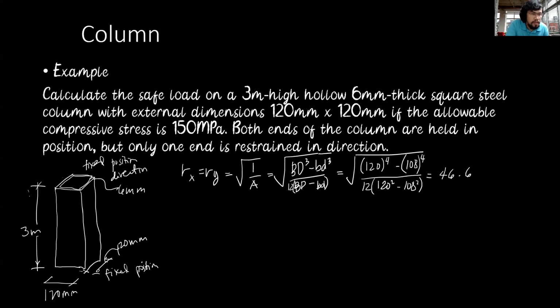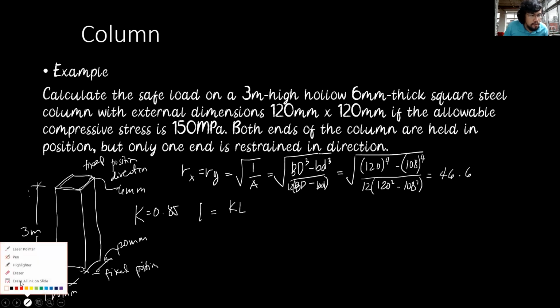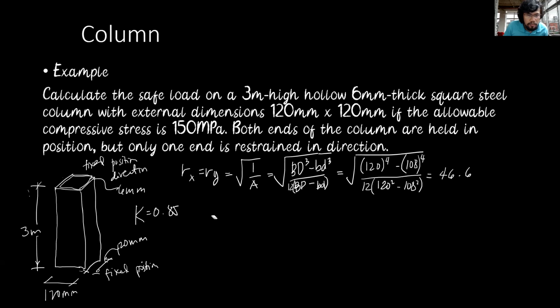Now we have a fixed position over here and direction, so we use K equals 0.85. So the effective length is going to be KL, or the slenderness ratio. Let's go directly to the slenderness ratio.